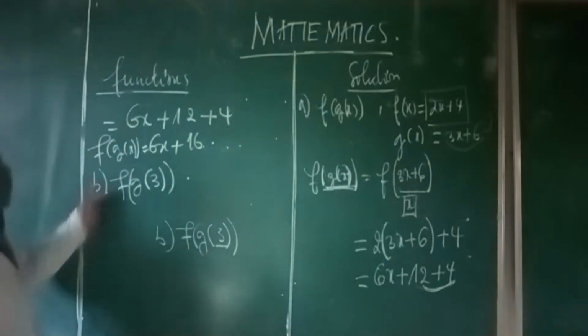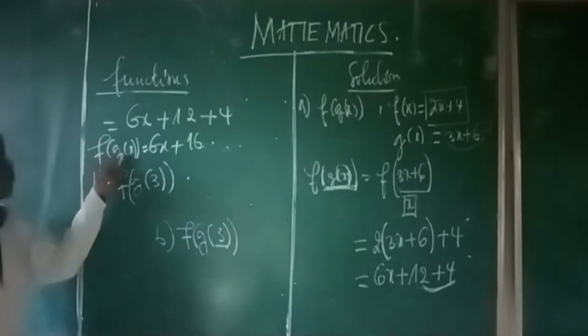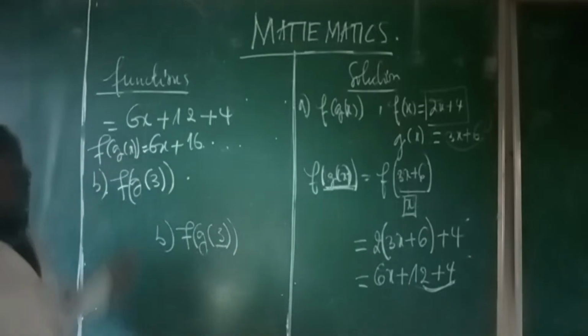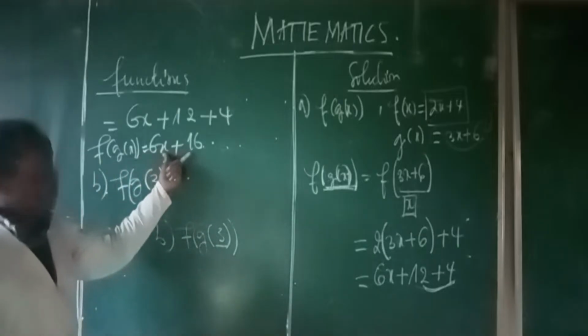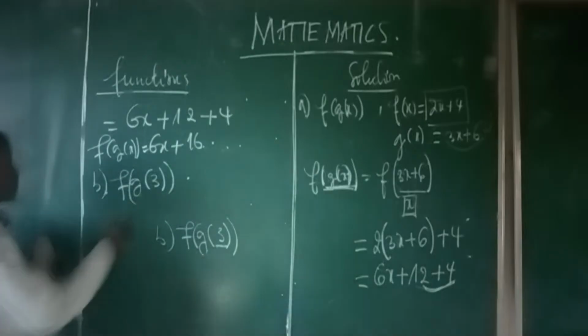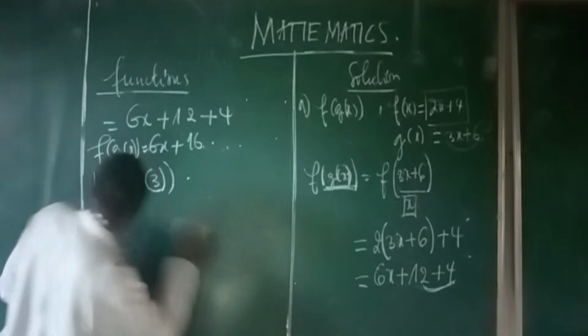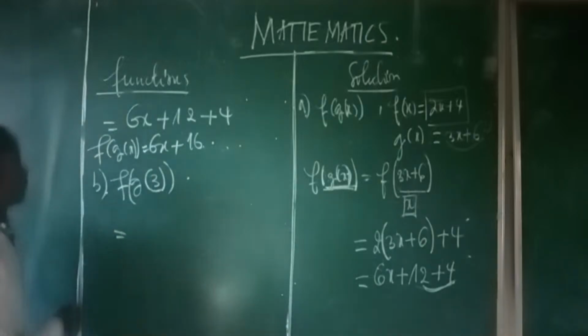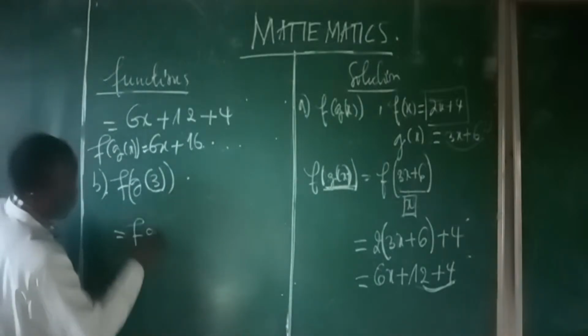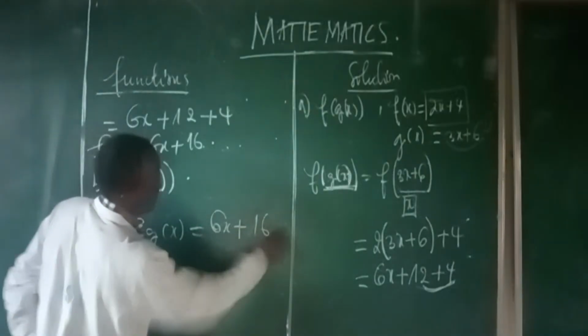Now, in our combination of two functions, where f of g of x is equal to this equation, it is a linear equation, excuse me. We are going to put this 3 in the place of x. Then we have f of g of x is equal to 6x plus 16.